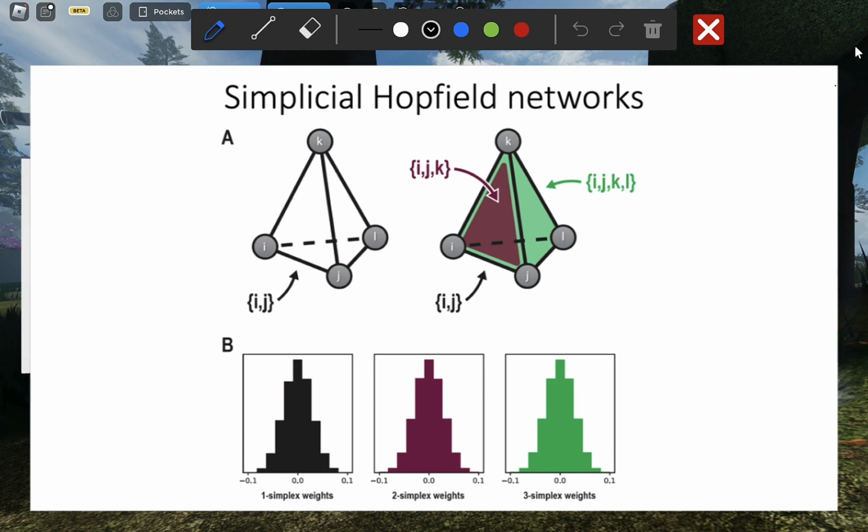If they have many in common, it'll be a positive weight, and if they have few in common, it'll be a negative weight. And through that, you get sort of Gaussian distributions of weights across the different levels of simplices, even though you get definitely different absolute numbers of these weights, since there are far more, for example, 3 simplices than 1 simplices on the same n number of neurons.